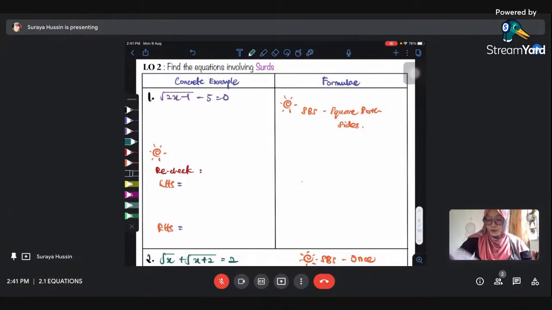Okay, 3 example ni pun cukup untuk membuatkan kamu buat latihan seterusnya. So now let me begin with the first one. So the tips is actually before you, the tips here guys, before, maybe I should write it here, tips.